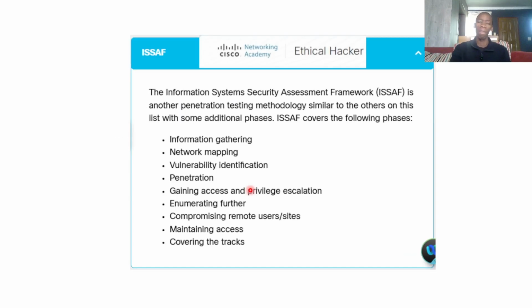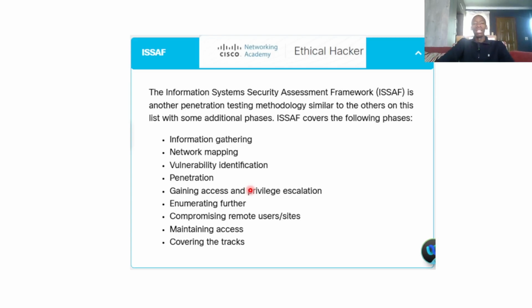Moving to the next one, we come across our ISSAF. Okay, now the Information System Security Assessment Framework is another penetration testing methodology similar to the others on this list with some additional phases. This one still covers the same ground, but we'll find out. The phases are information gathering, network mapping, vulnerability identification, penetration, gaining access and privilege escalation, enumerating further, compromising remote users or sites, maintaining access, and covering the tracks.